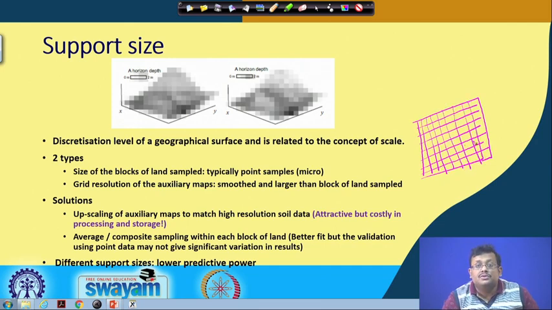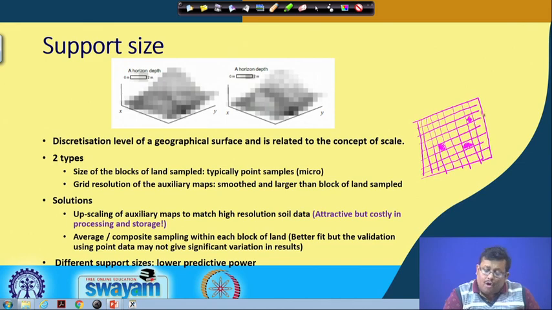Once we produce these grids of rasters, let us say one sample was collected from this side, another sample was collected from this side, another sample from this side. Or in other words, this is the point from which one sample was collected, this is the point from which another sample was collected, and this is the point from which another sample was collected.